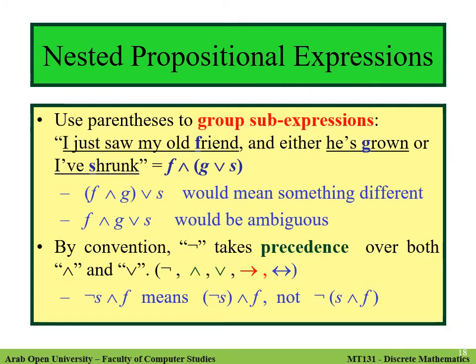For example, if you write not S and F, the negation is applied first, to S only: I apply the negation, not S, and then apply AND F. If I want to write the negation of the entire statement, S and F, then I should enclose it in parentheses: not (S and F).